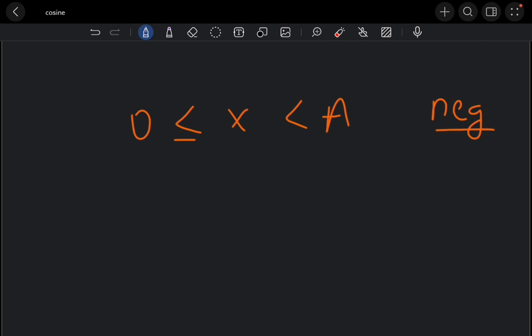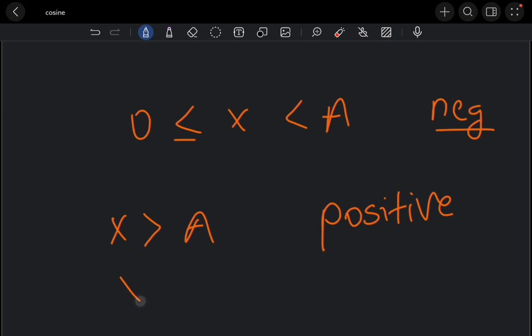And for x greater than A, our function will be positive. And when x is equal to A, it's going to be 0. This is the most important part because this is a turning point. Okay?